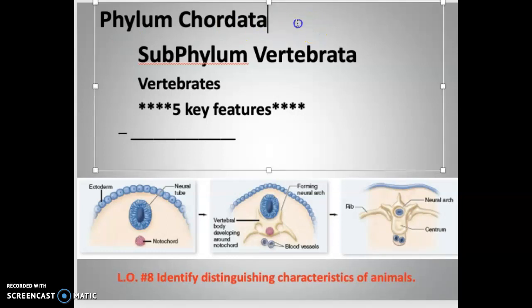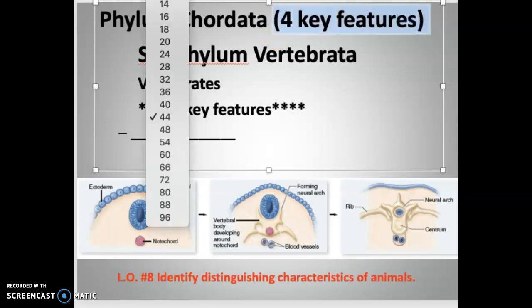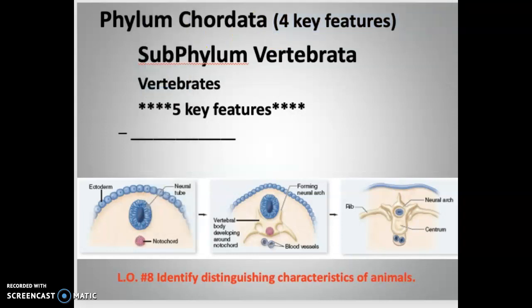Let me put the number here. 4 key features to be here, and then to go here, subphylum Vertebrata, we're looking for 5 key things.